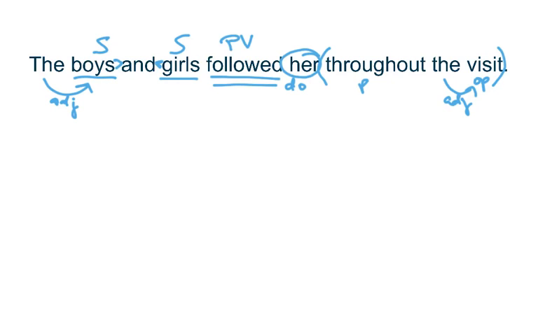Can also modify girls, the boys and the girls. But since it comes before boys, we link it to boys. We have not linked our prepositional phrase throughout the visit. Okay, boys and girls throughout the visit, followed throughout the visit, her throughout the visit. What makes more sense is being linked together. Followed. So we have an adverbial prepositional phrase.